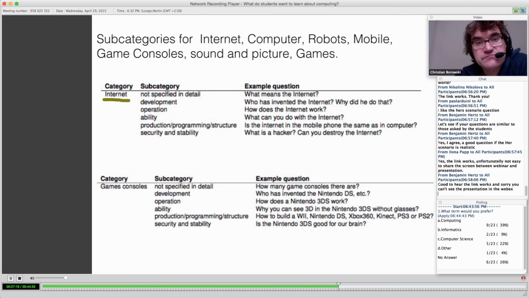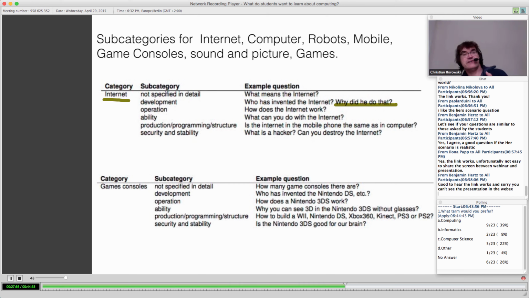Then the operations, how the internet works, the ability, what can I do with the internet, or the production, is the internet in the mobile phone the same as in the computer? And then some questions about security and stability. What is a hacker? Can you destroy the internet?